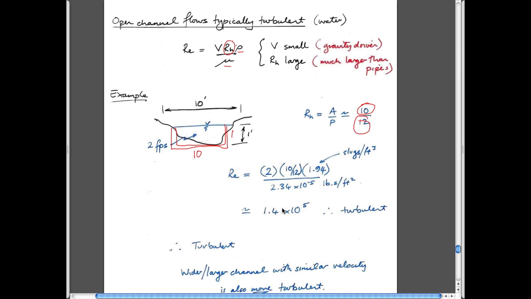If you do the calculations with the viscosity of water in these English units, you find the Reynolds number is something like 100,000, so 10 to the 5. It's turbulent.